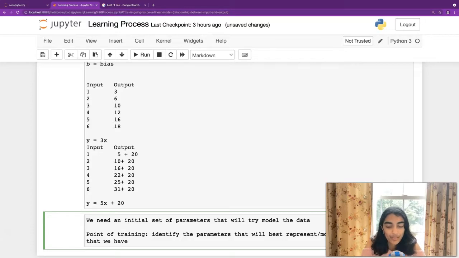Okay? That's what's going on in the iterative process. That's what the training is all about.